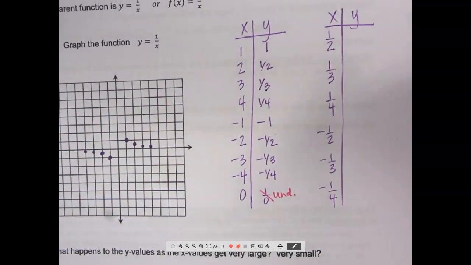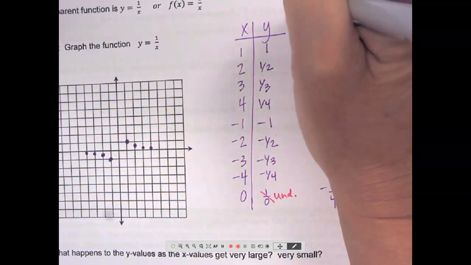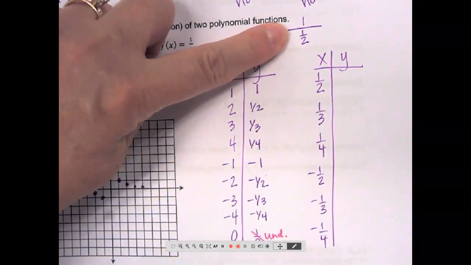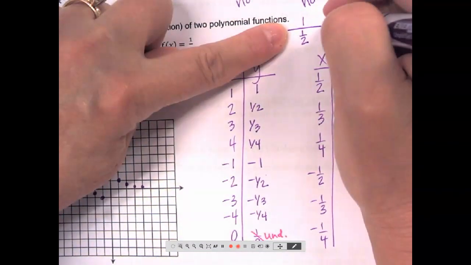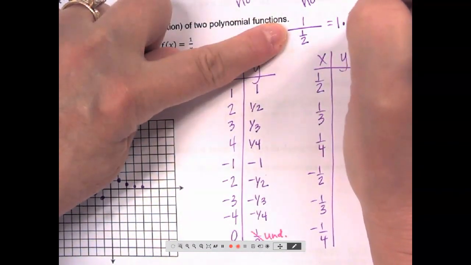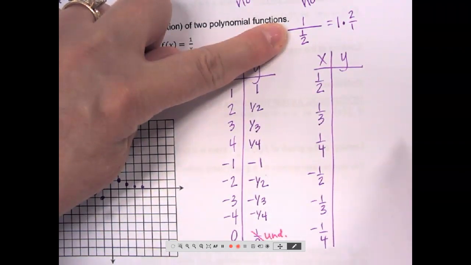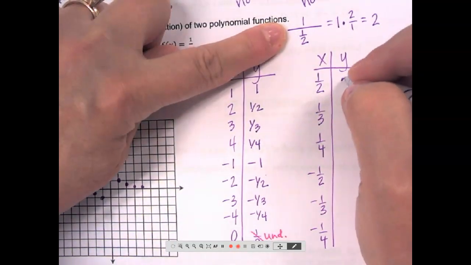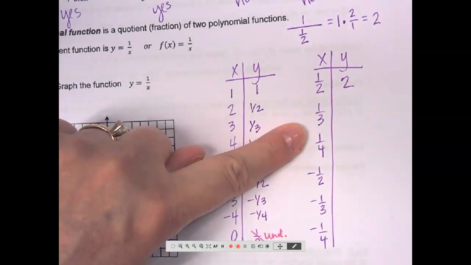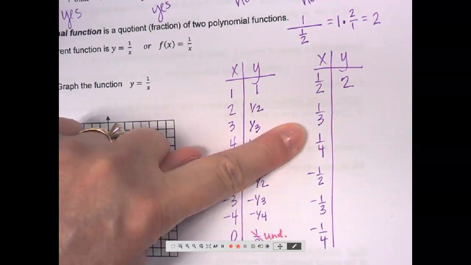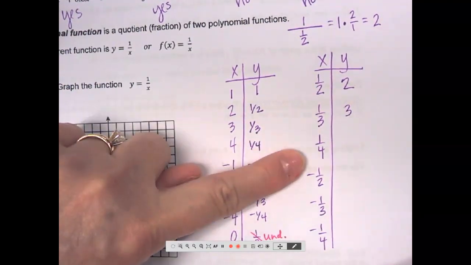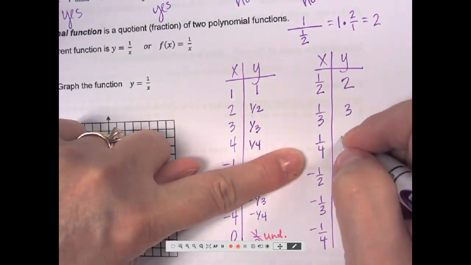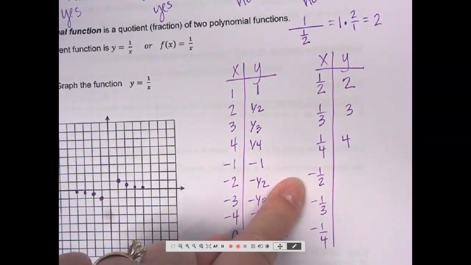What is 1/(1/2)? 1 times 2/1. Keep, change, flip. 2. What's 1/(1/3)? 3. What's 1/(1/4)? Come on, y'all know the answer? 4. What if I just make it negative?